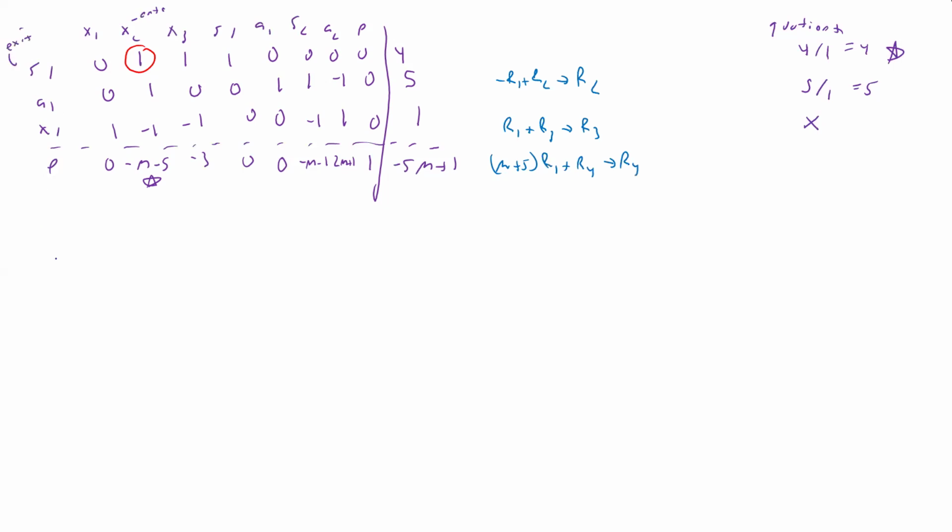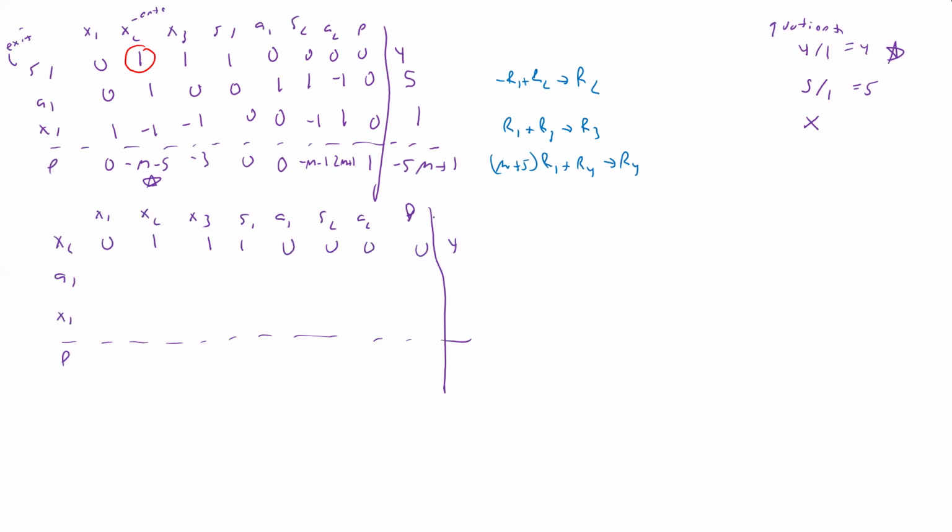So now it's going to be what? X2, A1, X1, P. Then we have X1, X2, X3, S1, A1, S2, A2, P, and a straight line. And so first row, 1, 1, 1, 0, 0, 0, 0, 4.